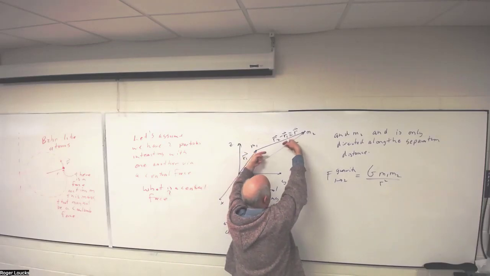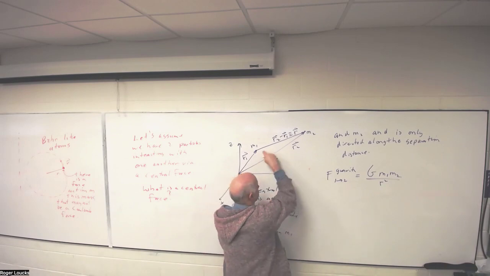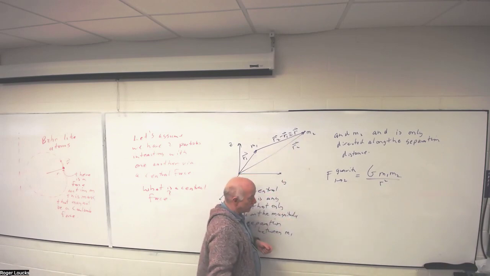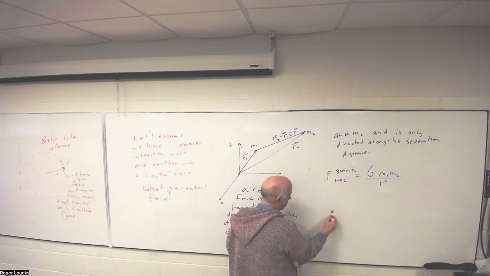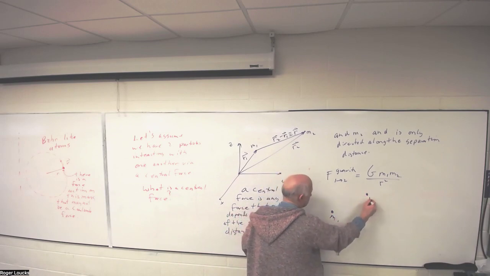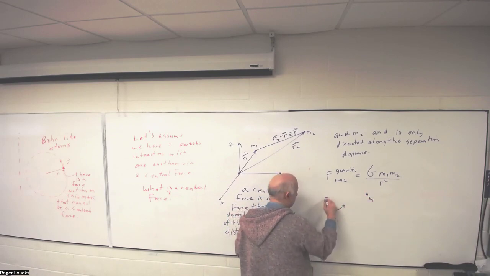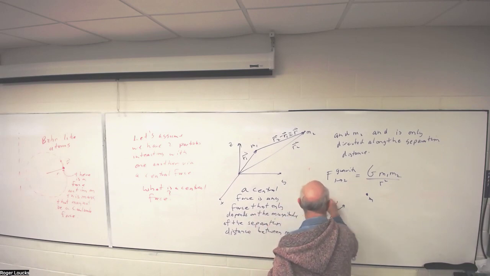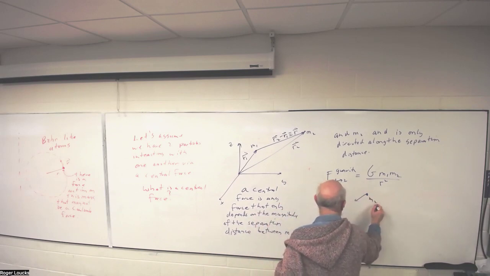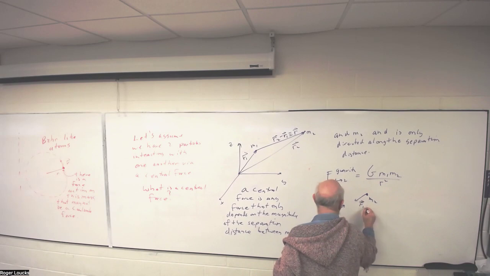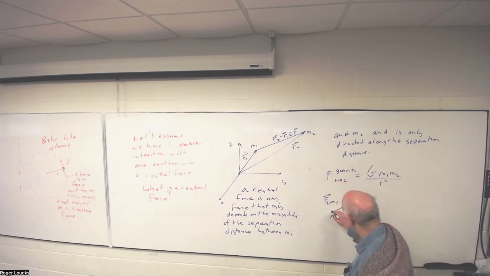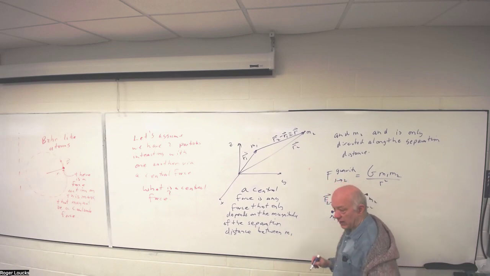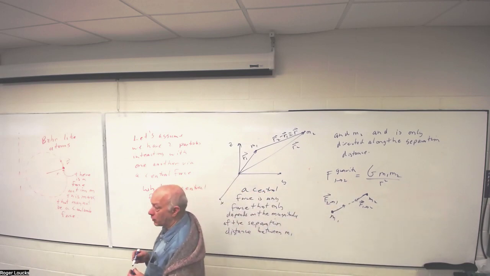They attract each other, so the force is along the direction connecting the two. If here's my M1 and here's my M2, this would be the force that 2 exerts on 1, this would be the force that 1 exerts on 2, and here's the separation distance. That's an example of a central force. Give me another one.